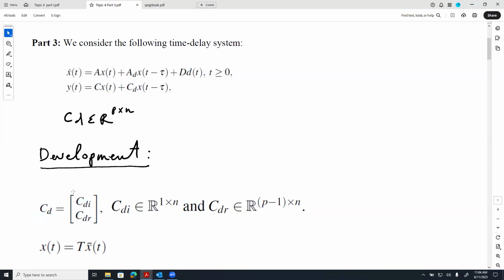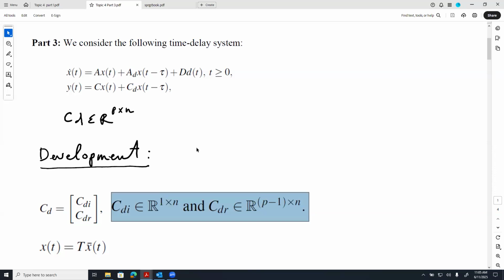The first one is a row matrix, which is associated with the output measurement y1 of t. And here, y1 of t, for simplicity, is the first output measurement. So that one is a row matrix, and the rest of the CD matrix is given by CDR. So that's where we see the dimensions of CD1 and CDR.